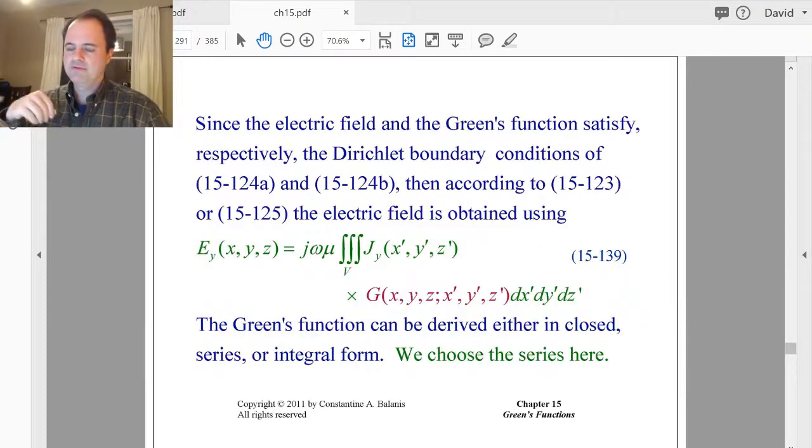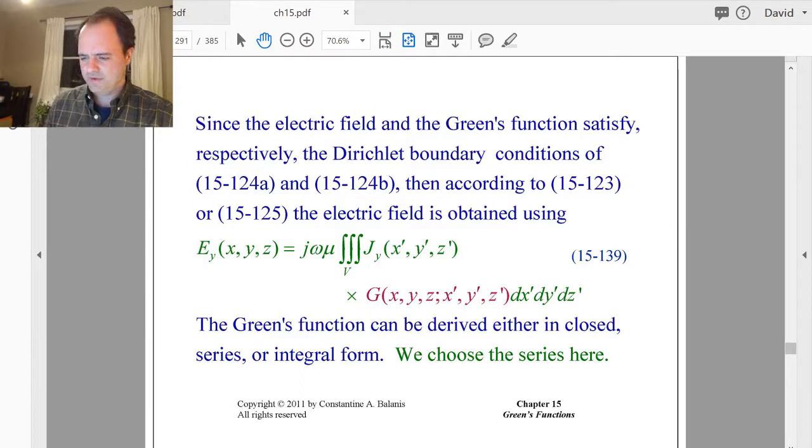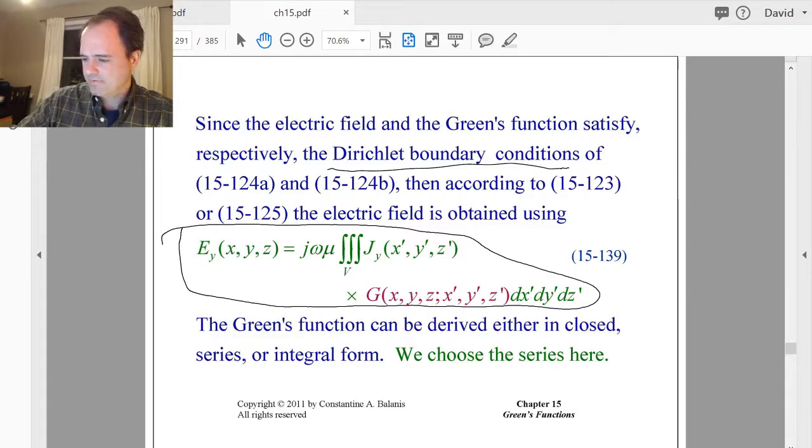So, since the electric field and the Green's function satisfy respectively the Dirichlet boundary conditions, then according to 15123 and 15125, the electric field reduces down to this, where we only have the volume integral part.